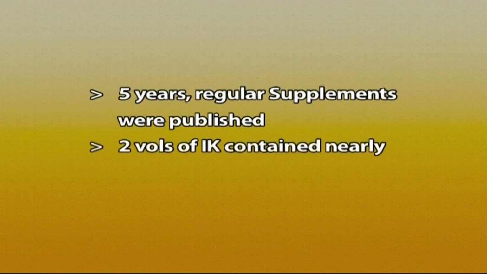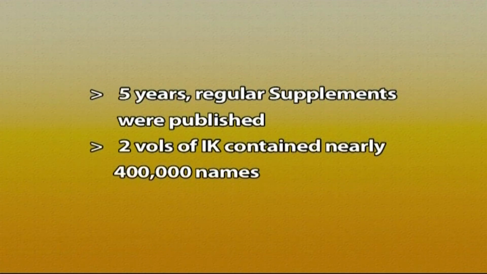The basic 2 volumes of Index Kewensis contained nearly 4 million scientific names. Some 6,000 additional names are added annually, and hard copy supplements are published after every 5 years. The most recent being the 20th supplement, which was published in 1996.